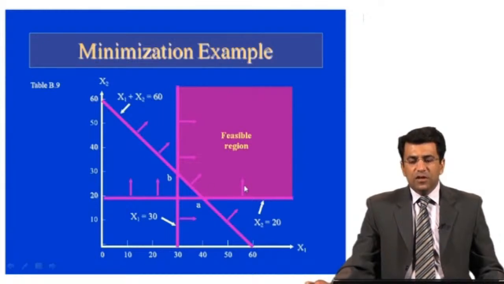Now what we'll have to do is determine the coordinates for point A and B. And finally, we will put these coordinates in the cost function so that we can have the different alternatives.